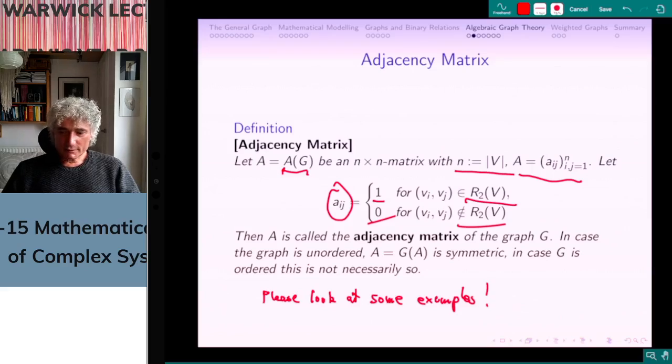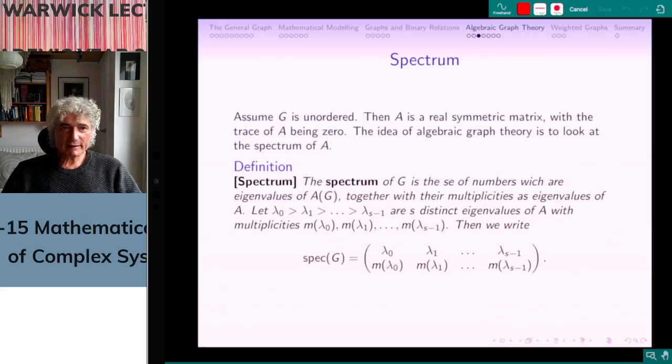Okay, let's go further. Now we can introduce a so-called spectrum of the adjacency matrix. The spectrum of G is a set of numbers which are the eigenvalues of the adjacency matrix together with their multiplicities as eigenvalues of A. We can order these distinct eigenvalues by magnitude.